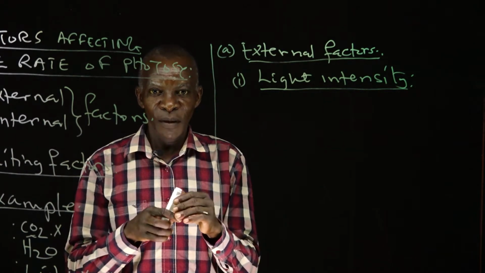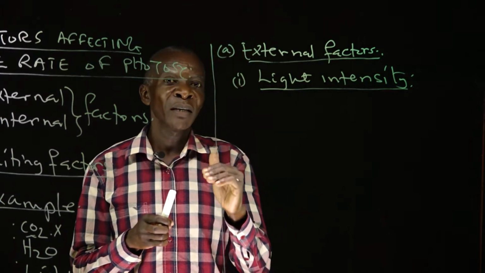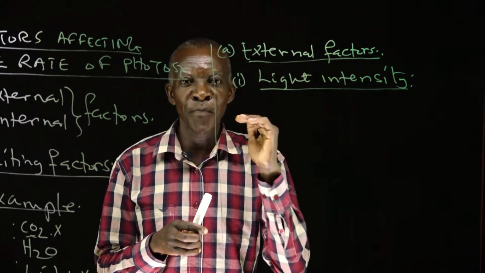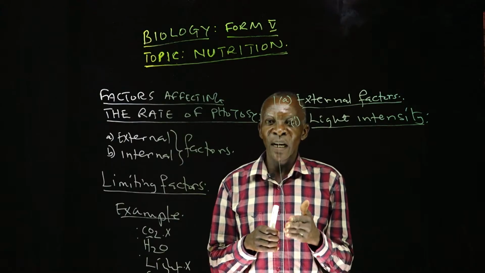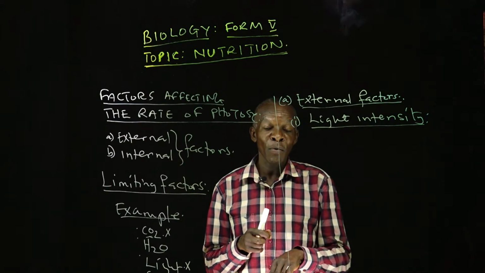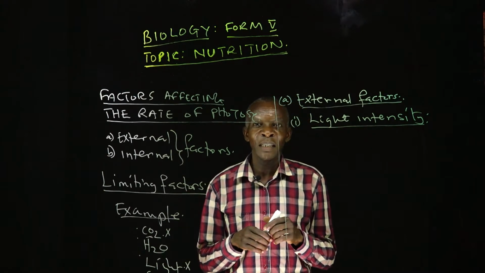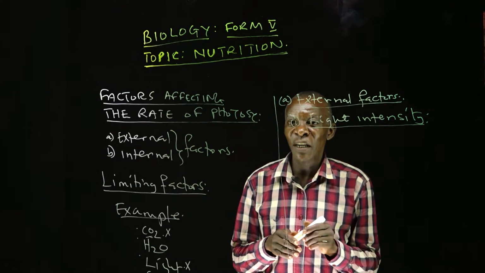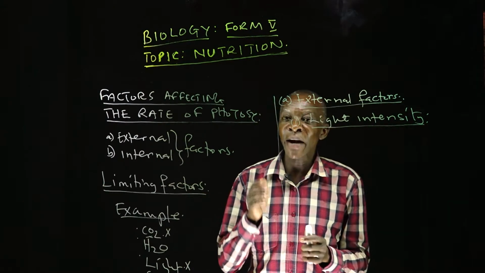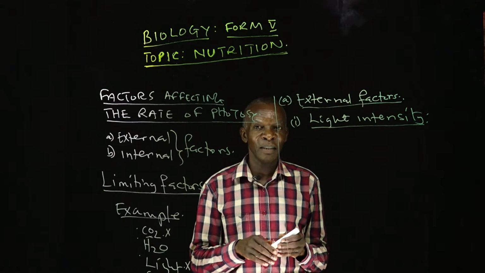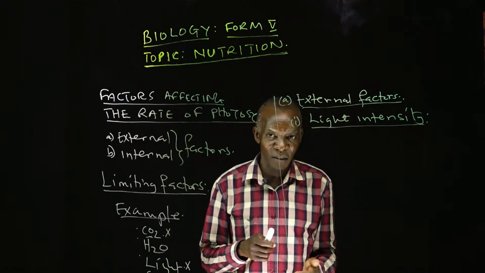However, it reaches a point. This is called the light saturation point, where the rate of photosynthesis tails off and attains a constancy. At this stage, when the plant has reached its light saturation point, any additional light intensity will not result in an increased rate of photosynthesis.